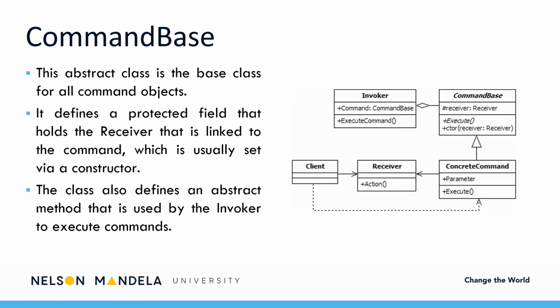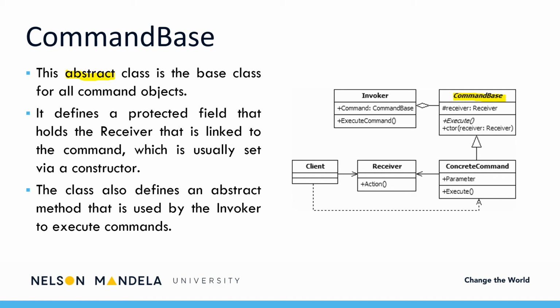Let us now look at our command base. It says here this is an abstract class, which is a base class for all commands. Like I've said, if you want, you can use an interface, depending on whatever example or context you're working in.